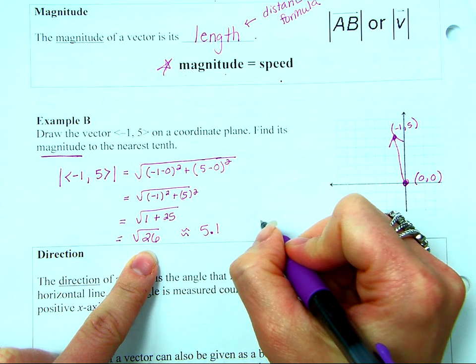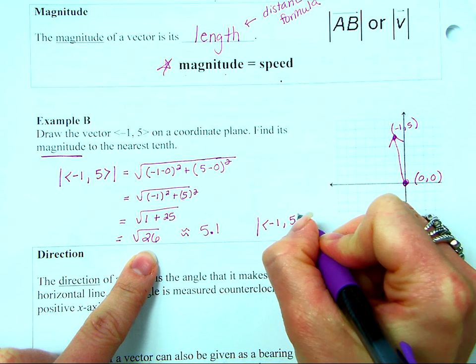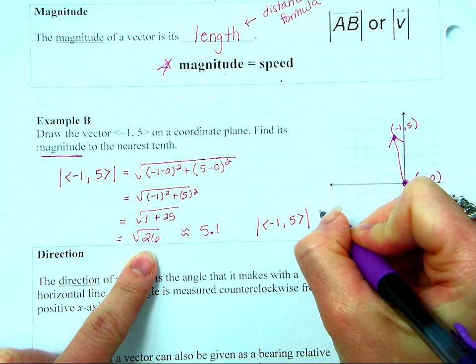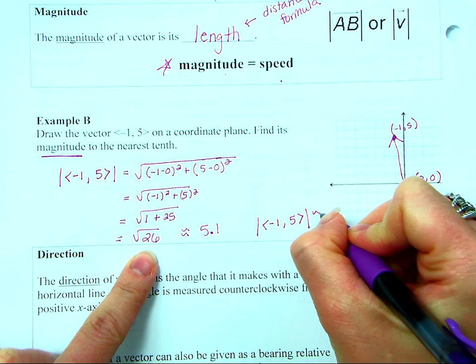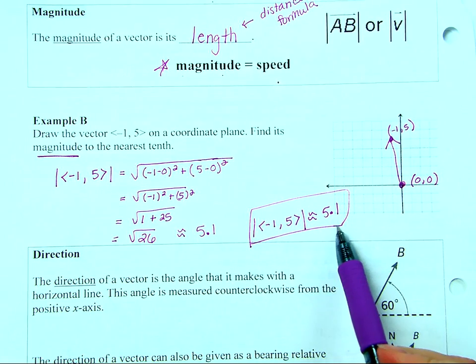You might see that written: the magnitude of the vector (-1, 5) is about 5.1. Now, because this represents speed, I don't know my units right now, but that could be 5.1 feet per second, meters per minute, something of that nature.